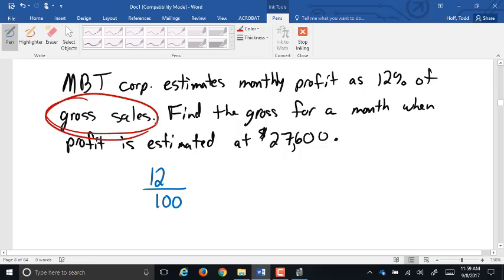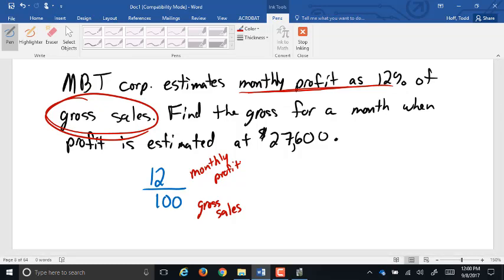It would be the gross sales. So the 100 represents gross sales. It really is a 100%. The 12 represents monthly profit. That's a portion of the gross sales, right? So the monthly profit is that piece of the gross sales that the 12% is picking out for us.